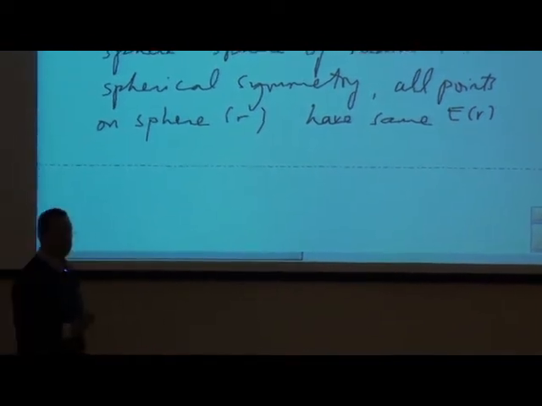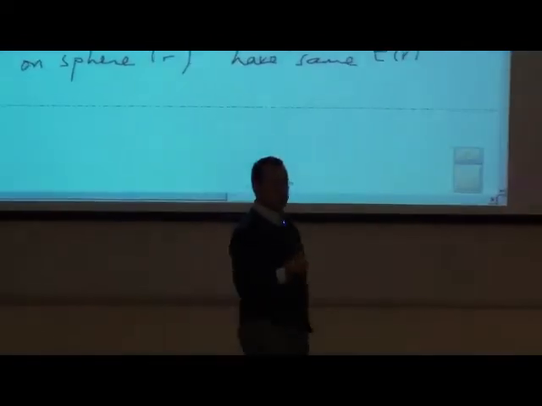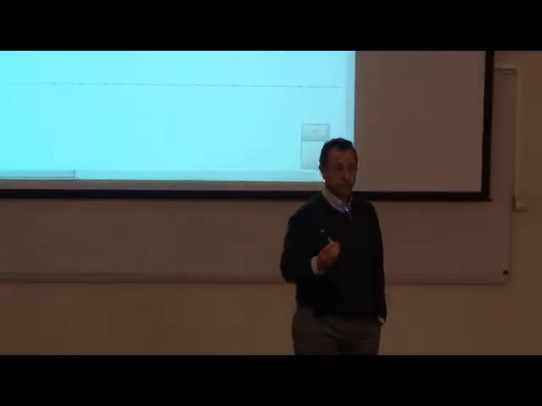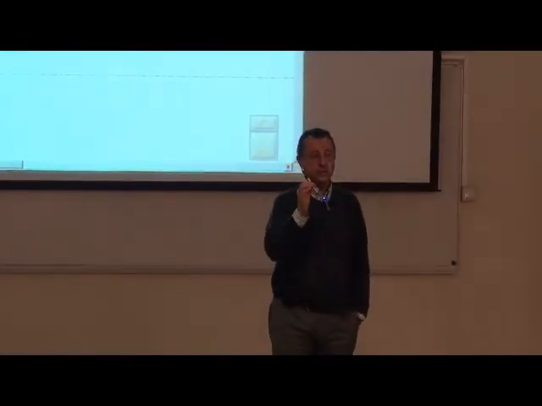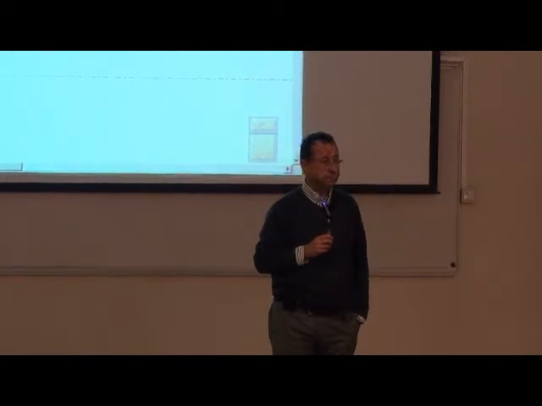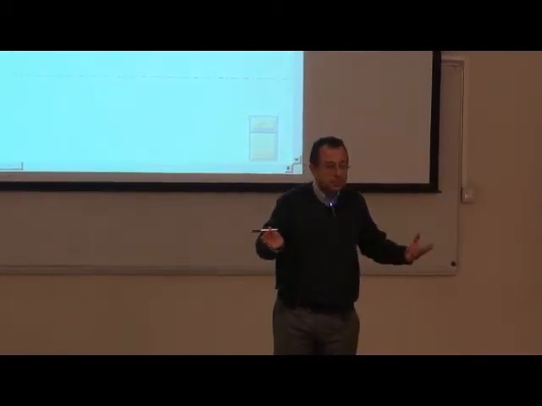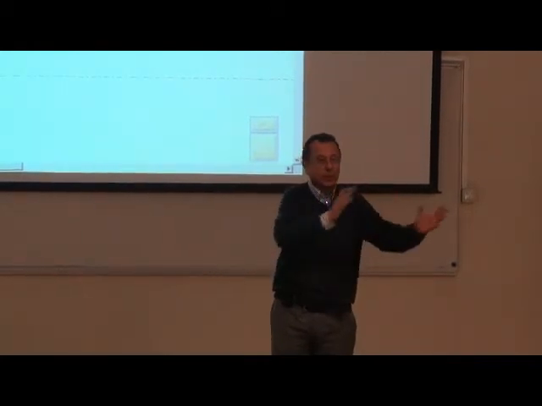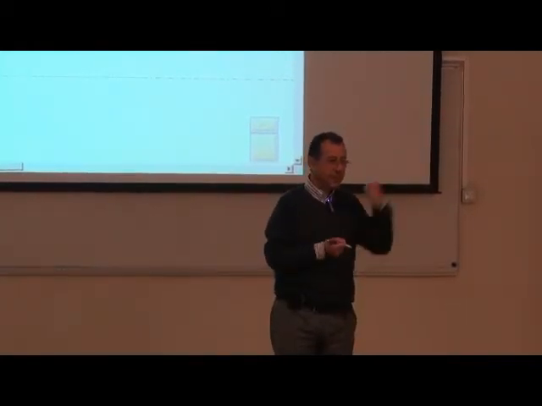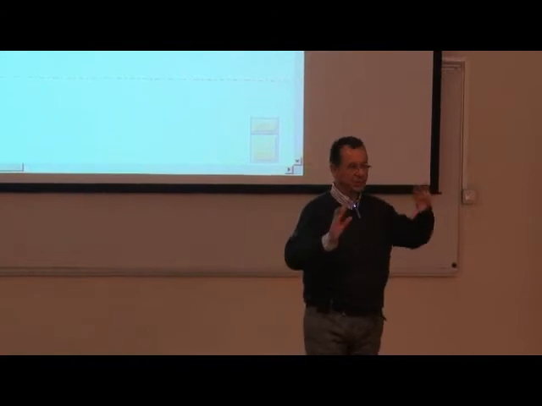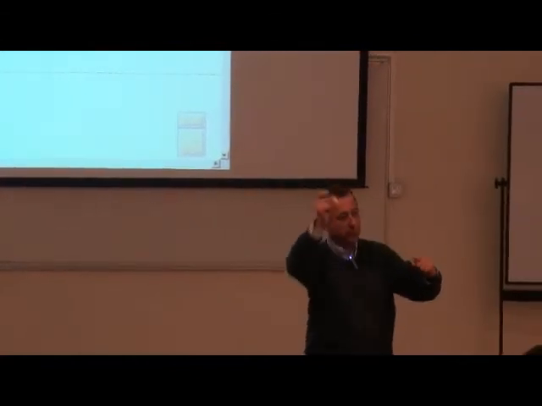And moreover, what should be the direction of this electric field? If there is an electric field, it's a vector, what should be its direction? In general, of course, it points away from positive charges.